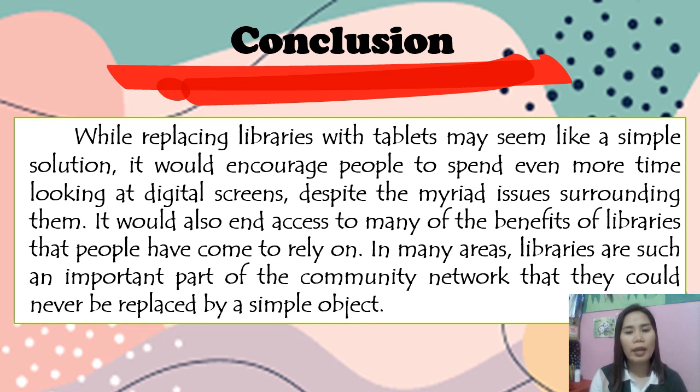It would also end access to many of the benefits of libraries that people have come to rely on. In many areas, libraries are such an important part of the community network that they could never be replaced by a simple object. So, the conclusion is where you have to restate your opinion and stand with the main points.